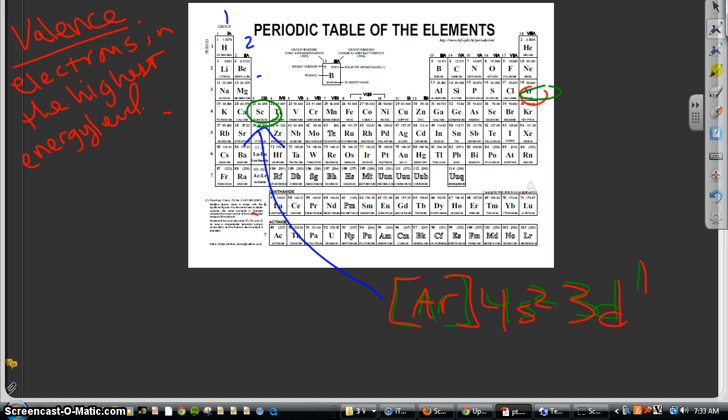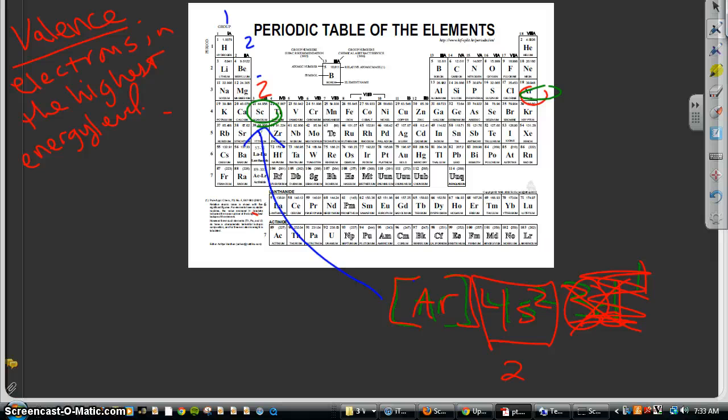So anyhow, let's count up valence electrons here. Well, the highest level is not the third, but the fourth. So the number of valence electrons in scandium is still 2, because the 3d electron is not a valence electron. It's the last one you put in, but it's not valence because the energy level is not the highest. So scandium has 2 valence electrons.